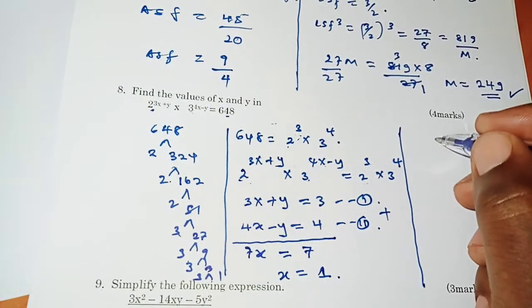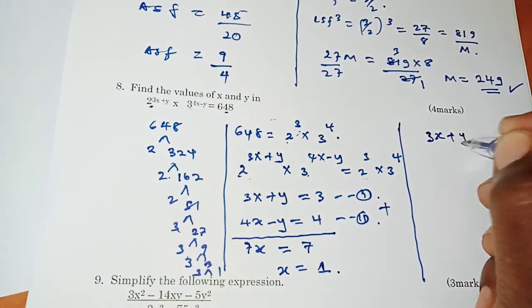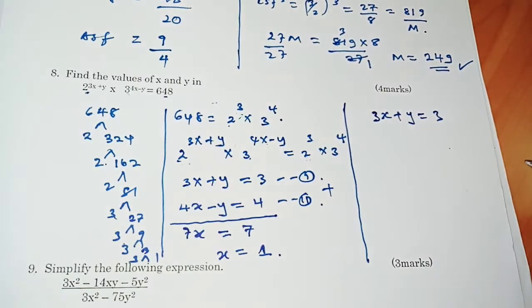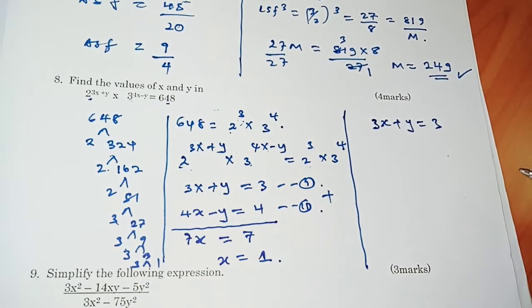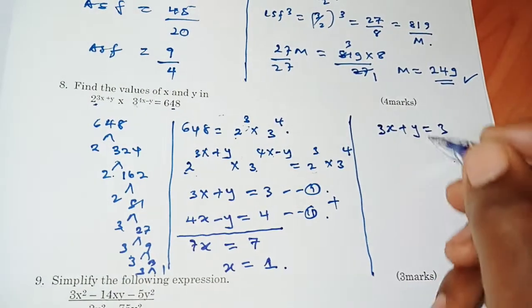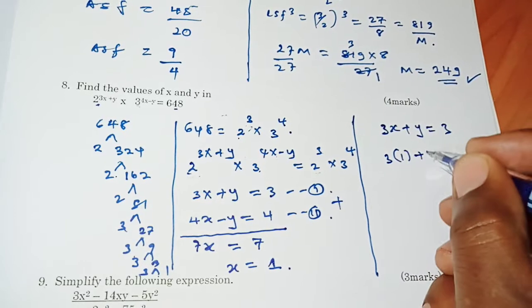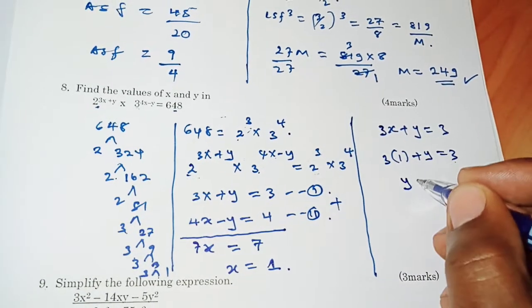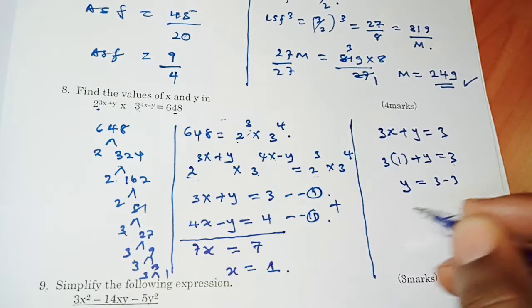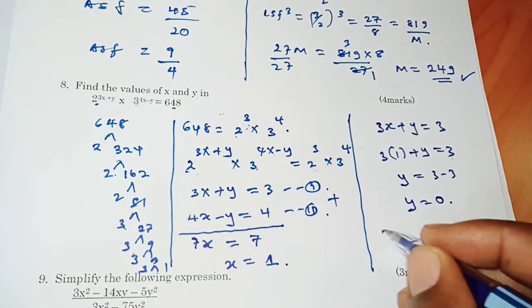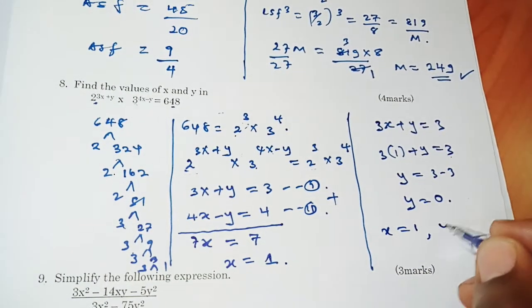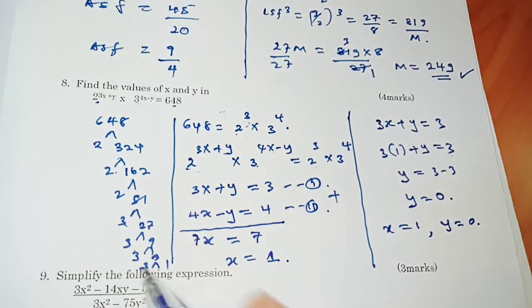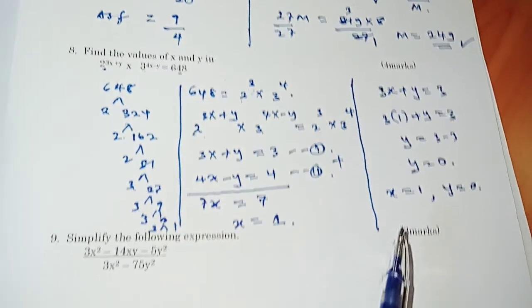If x equals 1, picking the first equation, we have 3x plus y equals 3. So if you substitute x equals 1 here, you're going to have 3 into 1 plus y equals 3, and y is nothing but 3 minus 3, which is equal to 0. So you have x equals 1 and y equals 0 as the solution to this problem, right?